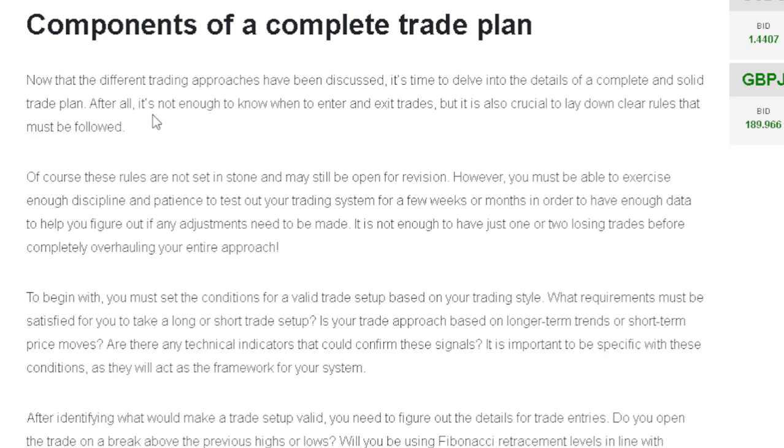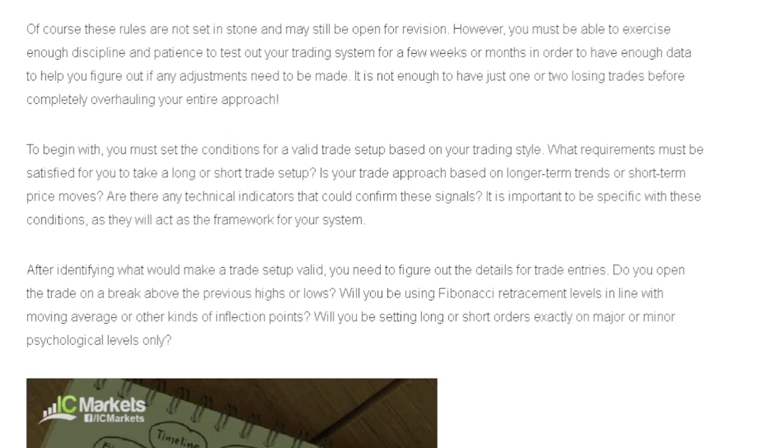After all, it's not enough to know when to enter and exit trades, but it is also crucial to lay down clear rules that must be followed. Of course, these rules are not set in stone and may still be open for revision.